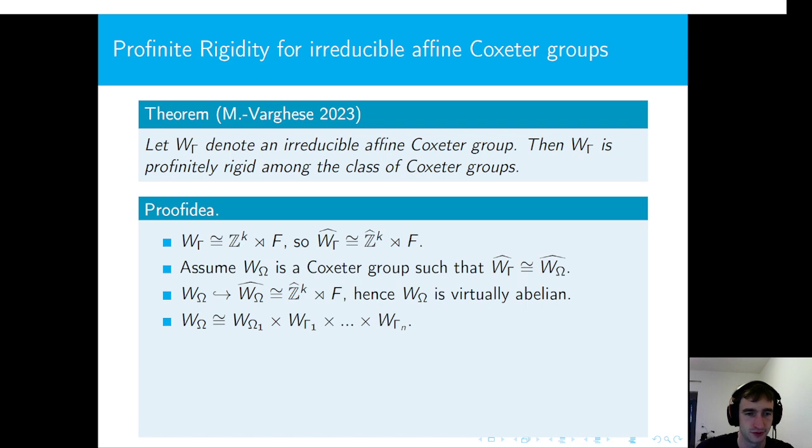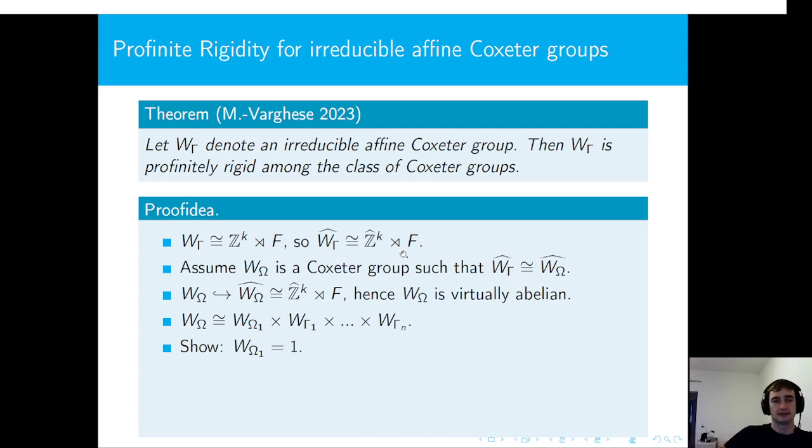First we want to see that it's in fact an affine Coxeter group, that is, that the finite part is equal to 1. And how does one do this? The idea is to look at the existence of non-trivial finite normal subgroups. One can show that given such a semi-direct product, if it doesn't have non-trivial finite normal subgroups, then neither does its profinite completion.